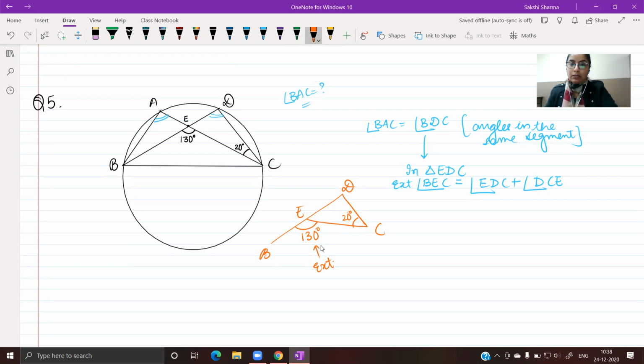So angle 130 will be equal to this angle at D plus 20 degrees. So if we go back to the original relation, we will have angle BAC equals 110 degrees.